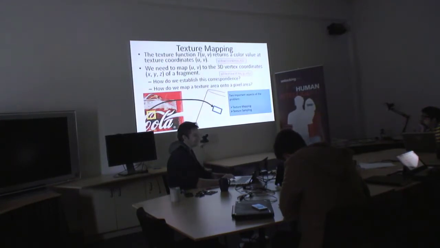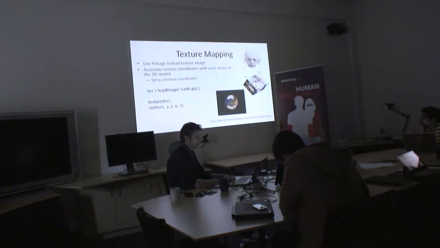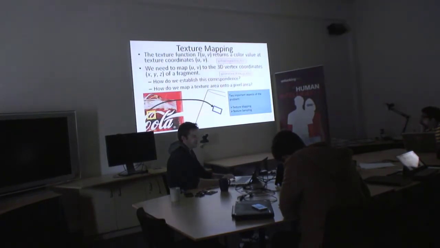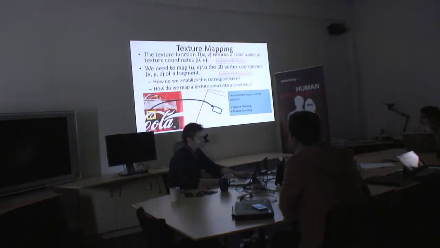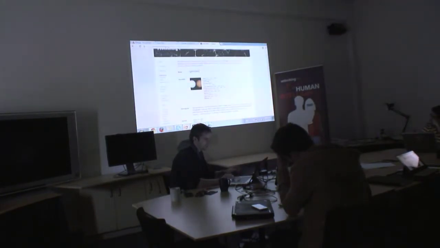So if we want to texture map it, these are the OpenGL coordinate systems. In Processing, I think it's just texCoord.